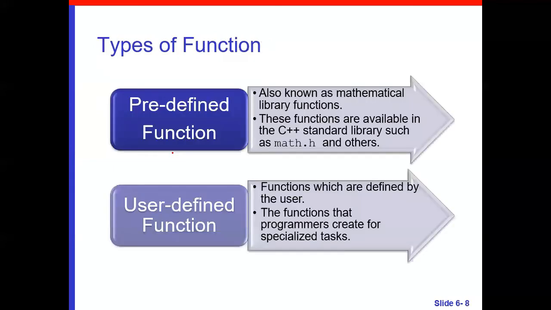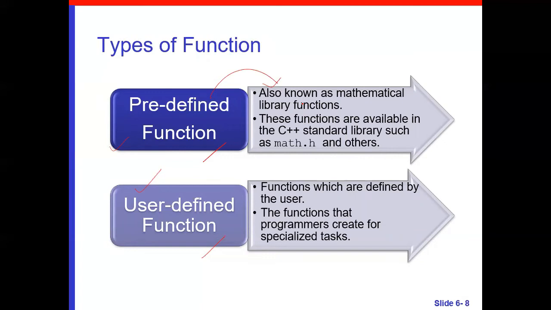Okay. So now remember, we have 2 types of function, which is first the predefined function and the second one is the user-defined function. So what is the difference between this function and this function? For the predefined function, it is also known as a mathematical library function. These functions are available in the C++ standard libraries such as math.h and others.